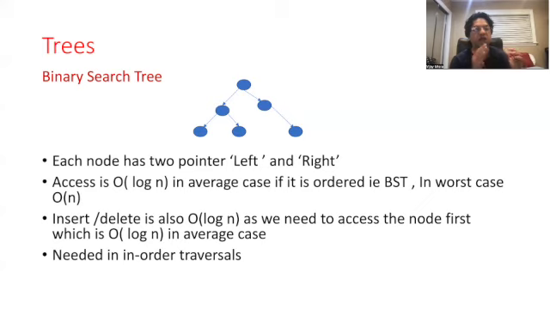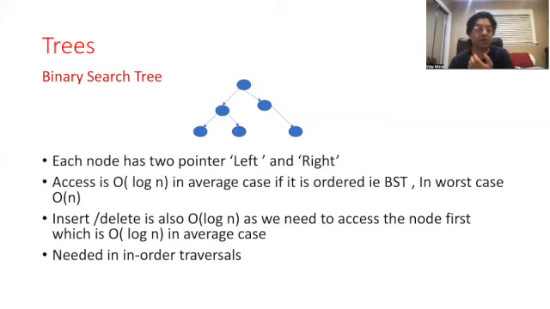The mathematical proof is that the maximum height you can go is log n. So if you have to search for an item, you can go at most through the height of the tree. That's why access is order of log n in the average case.